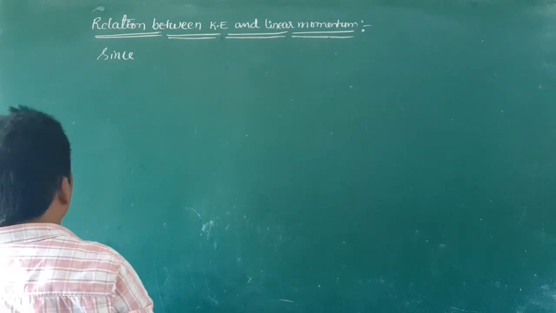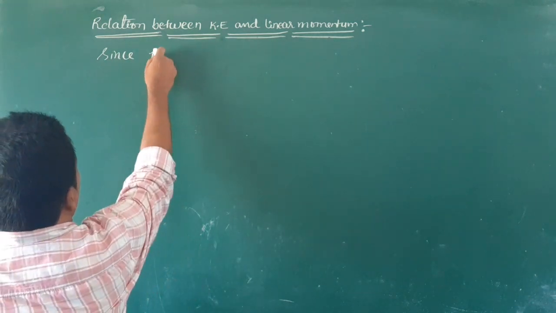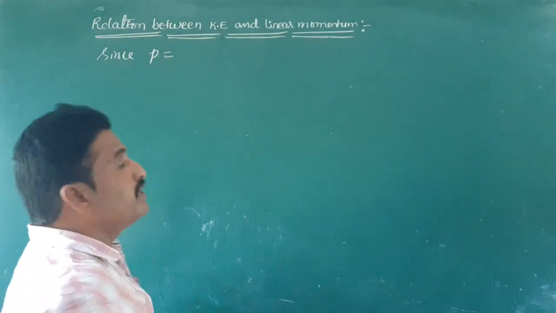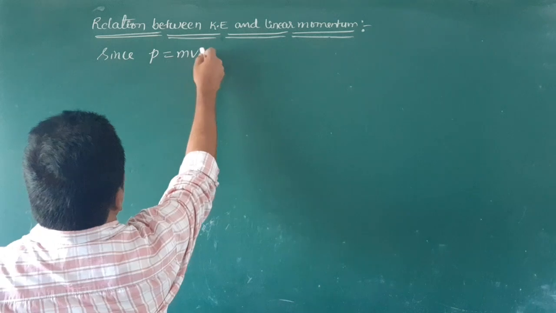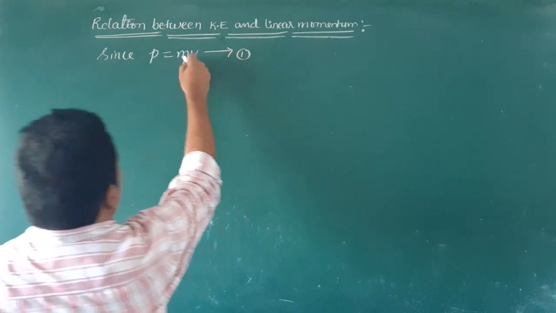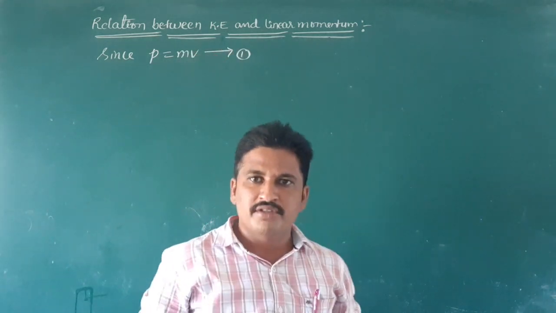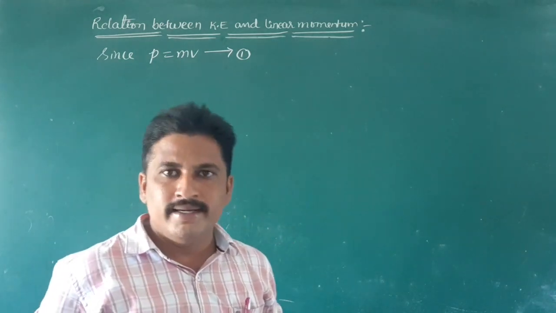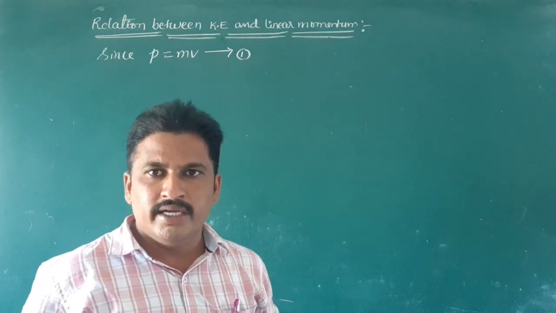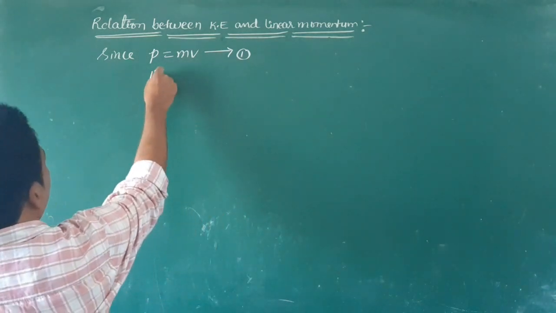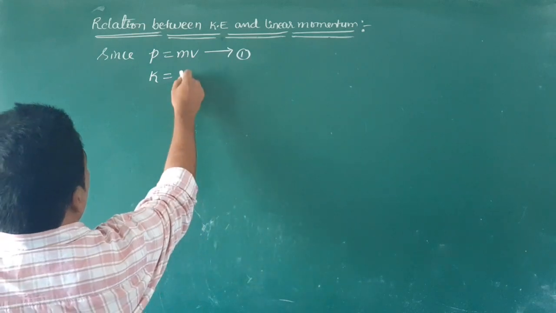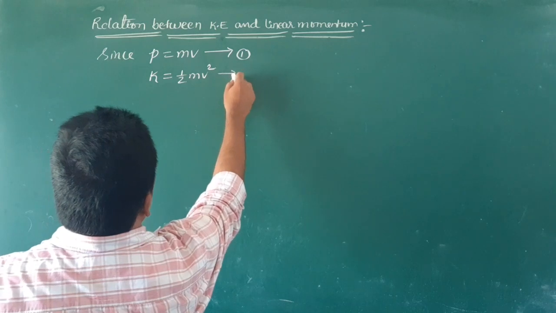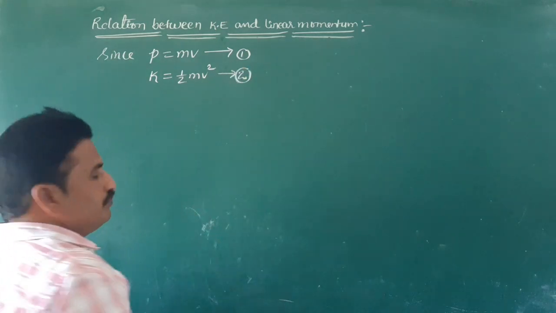The magnitude of the linear momentum p can be written as p = mv, the product of mass and velocity. This is equation number 1. Then the kinetic energy K is equal to half mv square, students. This is equation number 2.